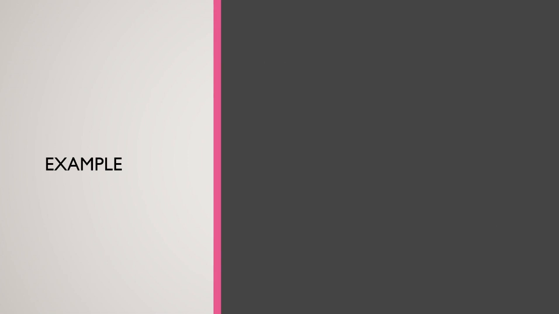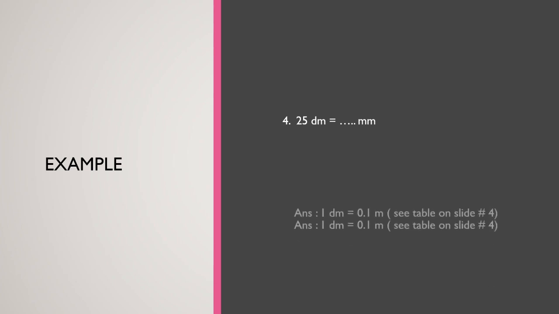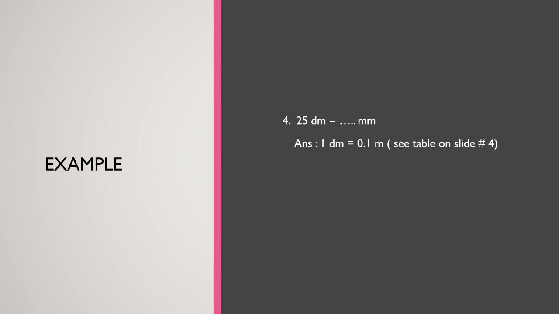We have the fourth example. 25 decimeters are equal to how many millimeters? Just like before, we know that 1 decimeter is 0.1 meters. So we need to multiply 25 by 0.1 to get 2.5 meters.